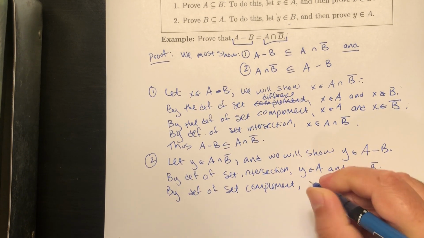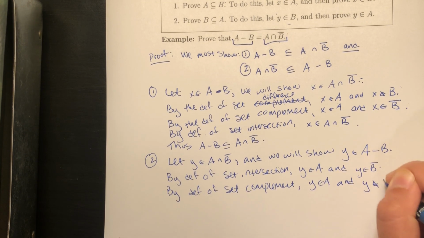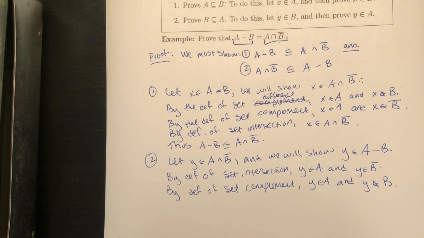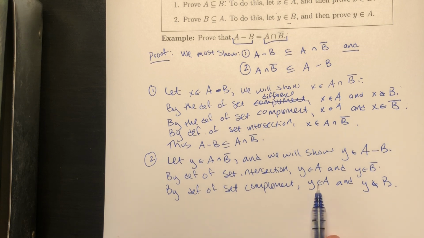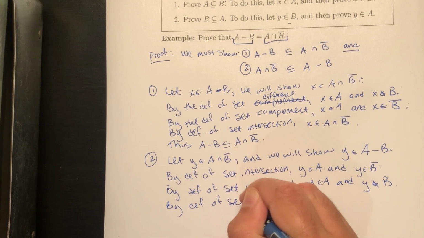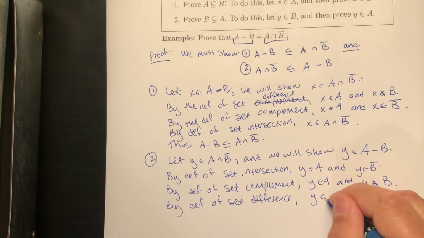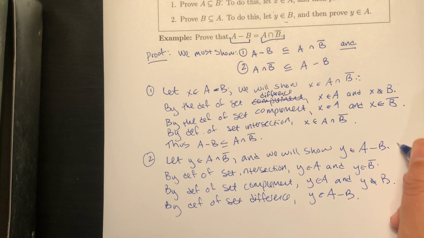We can conclude that y is an element of A and y is not an element of B. And now by the definition of set difference, if it's in A and it's not in B, that means it's in A minus B. Y is an element of A minus B, which is exactly what we were trying to prove.